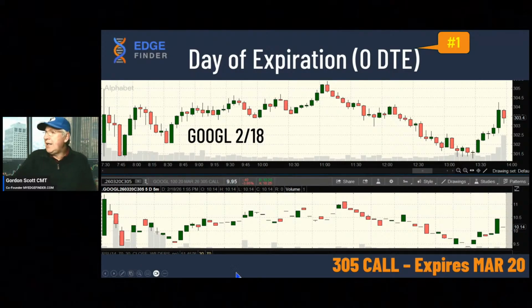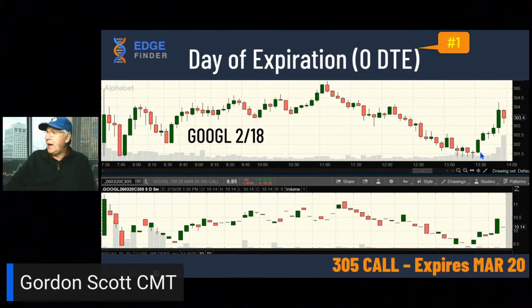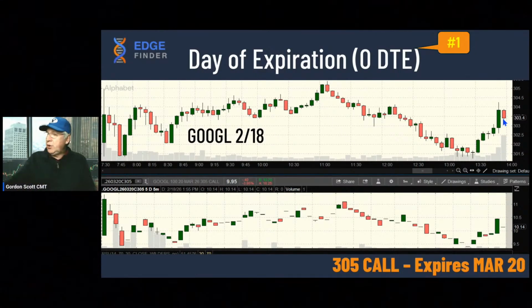And here, right at the very end of the day, just in the last half hour, look at this move. We go from a little higher than 301 and a half up to 303 and a half, a $2 move. So that's just about 2/3%, a little more than 0.5%. If in fact you were to have bought the 305 call that expires on March 20, I mean, that's more of a typical thing.